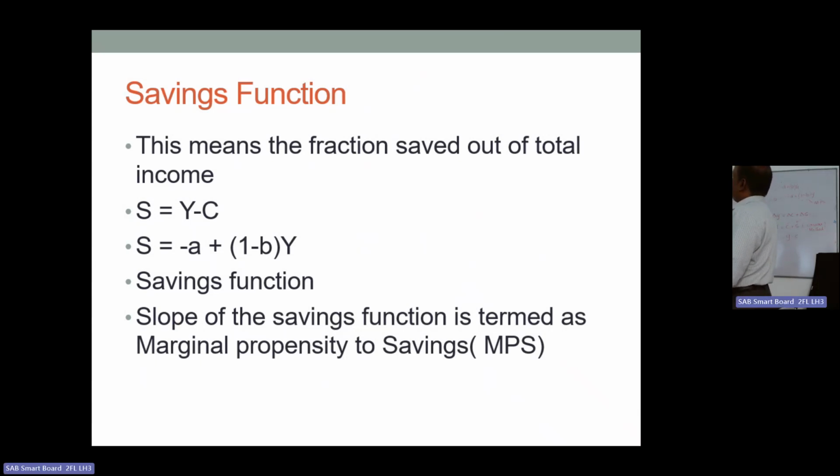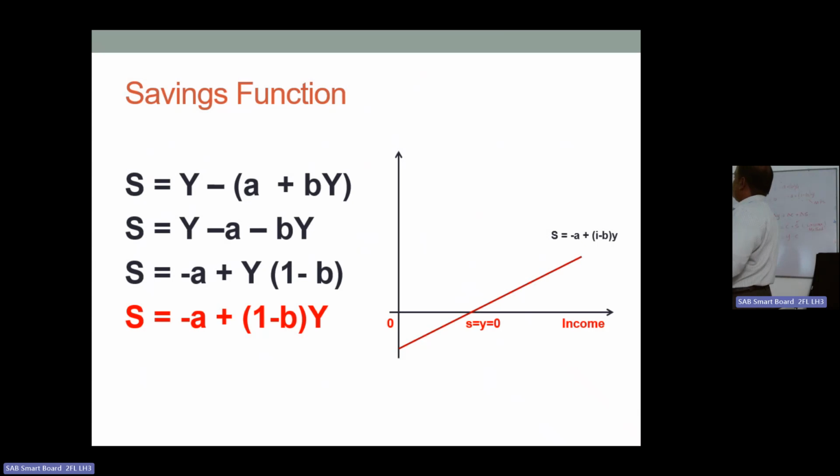Right. Now the saving function. We can derive the saving function, because savings is Y minus C, where C means a plus bY. So S equals Y minus a minus bY.